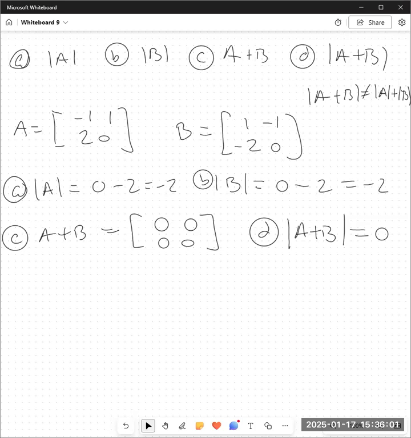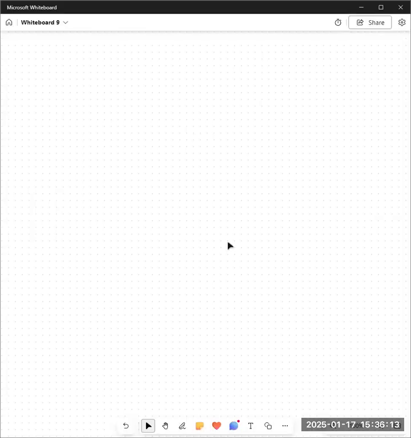Number 23 asks us to classify the matrix as being singular or non-singular based off of its determinant. If it has a 0 determinant, then it's going to be singular. If it has a non-zero determinant, it'll be non-singular.